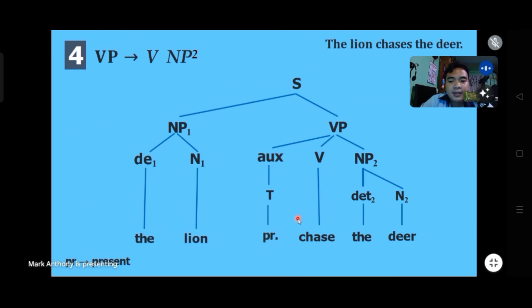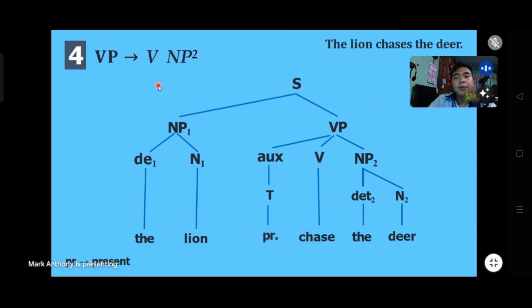It is in present tense because the word is chases. And then again, the second noun phrase that we have in the sentence has the determiner the, and the second noun, which is the deer.